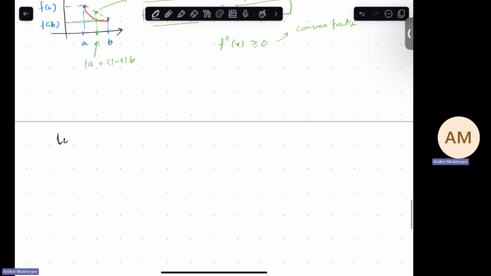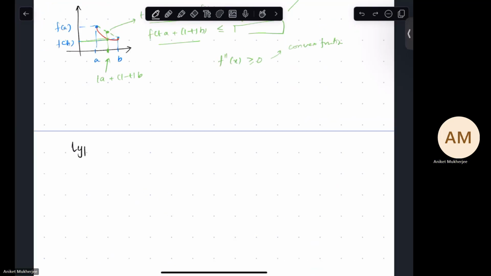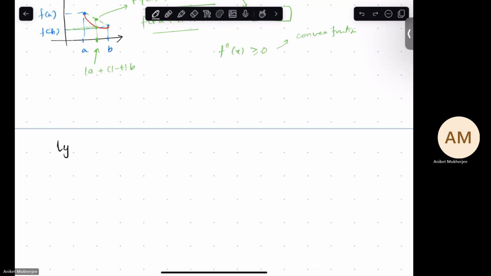Next, I'll introduce a topic known as Lyapunov drift and Lyapunov optimization.